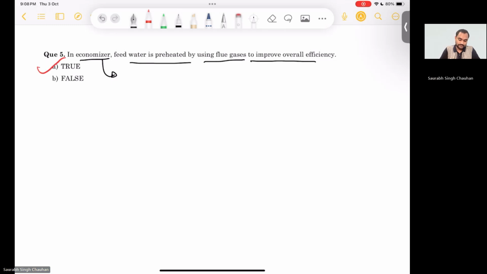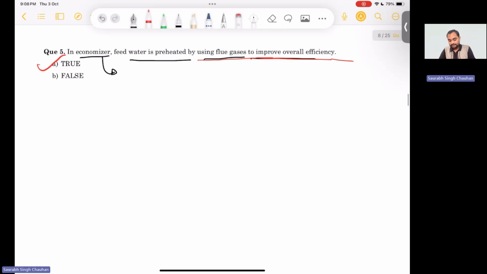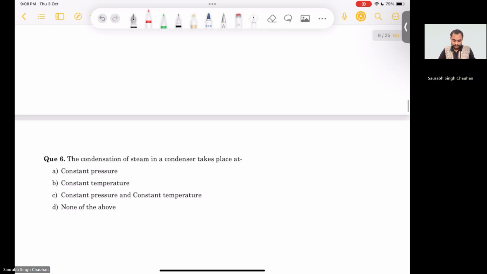In an economizer, feed water is heated by using flue gases to improve the overall efficiency. Because efficiency is net work output divided by total heat input, and now the total heat input will be reduced because you are also utilizing the heat of flue gases.